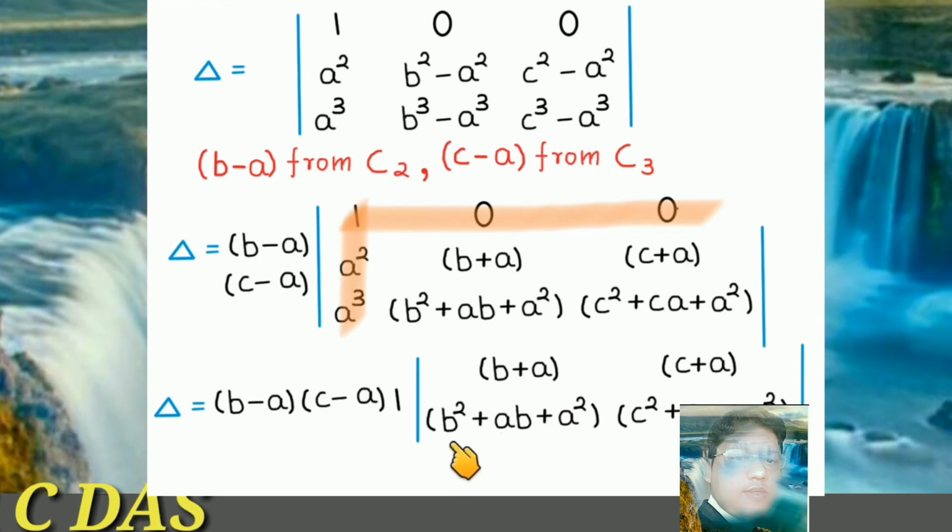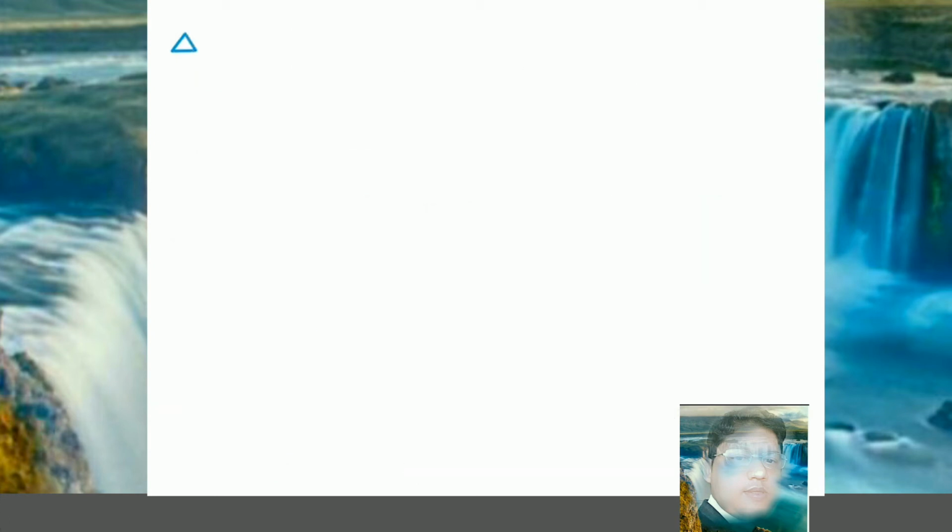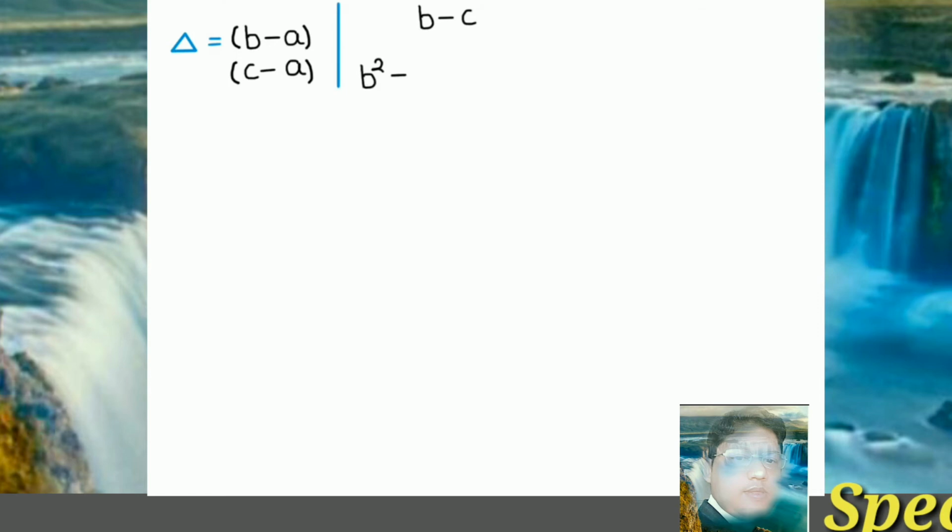Now my dear students, if I expand this determinant, or you can apply the operations, then I will get, if I operate c1 minus c2, then I get b minus a, c minus a, and the remaining portions I have to write as it is.